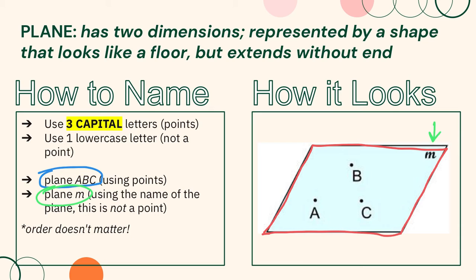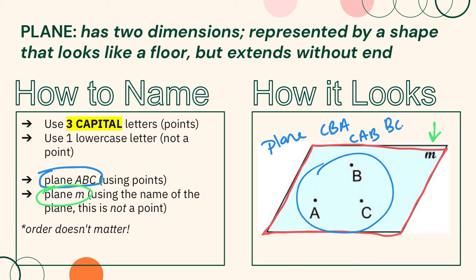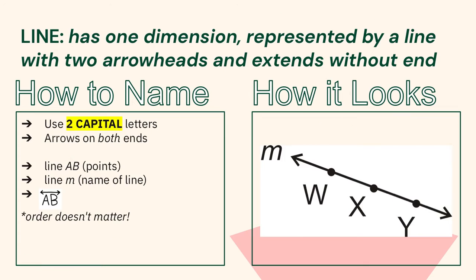So you can use the M and say plane M, or you can use those 3 points, say ABC. You could have also called this plane CBA, CAB, BCA, any of those. You can arrange the letters in any order you would like. And if you had more than 3 letters, you still only use 3. You just pick whichever 3 you would like, as long as they're capital points.